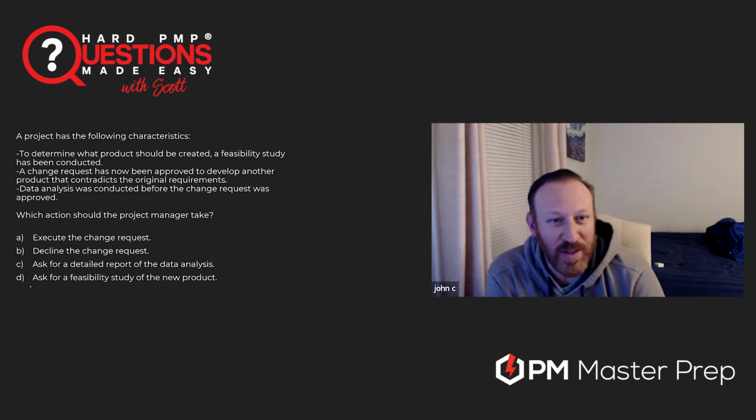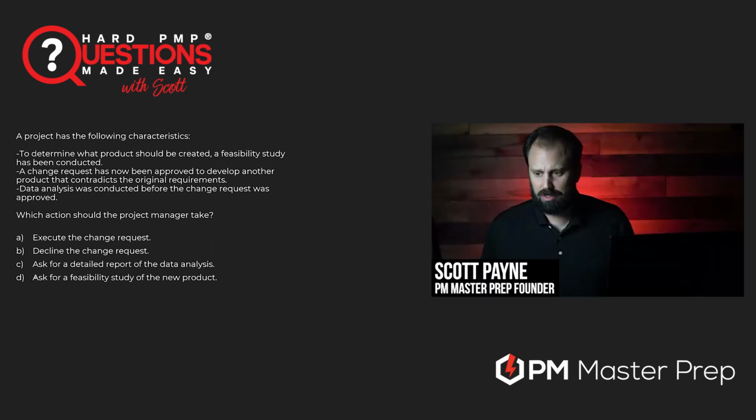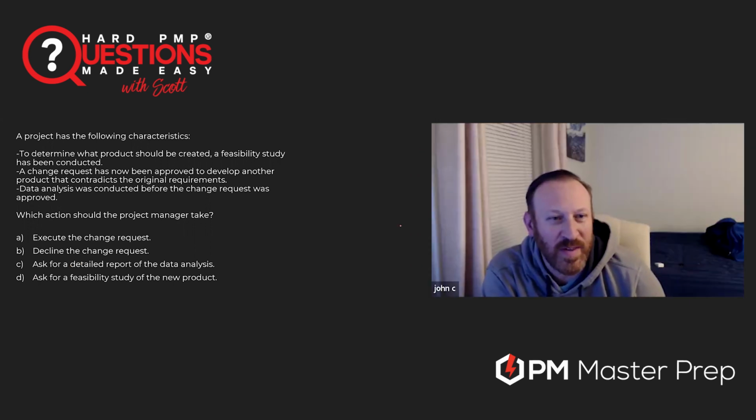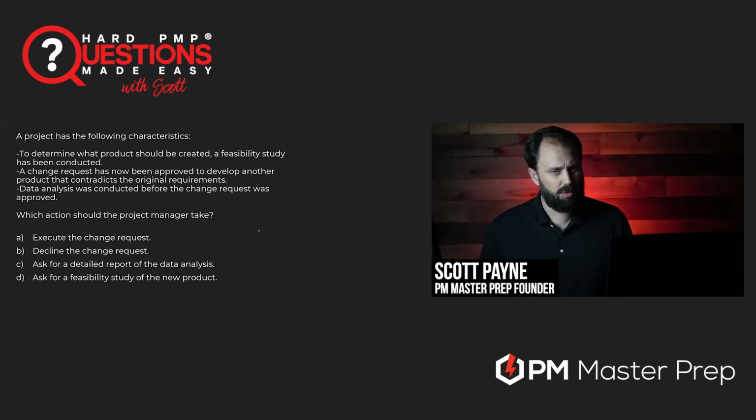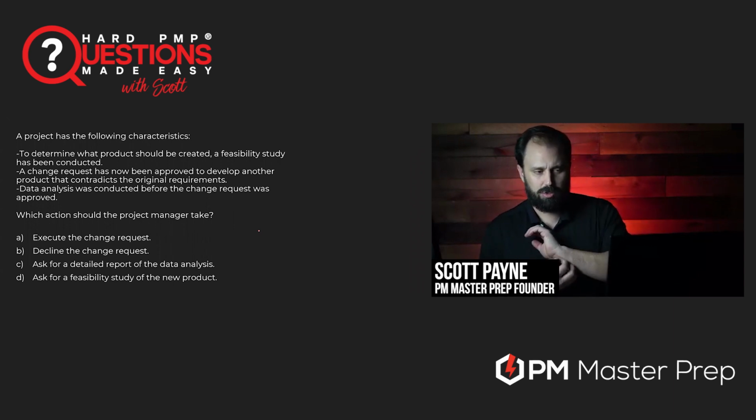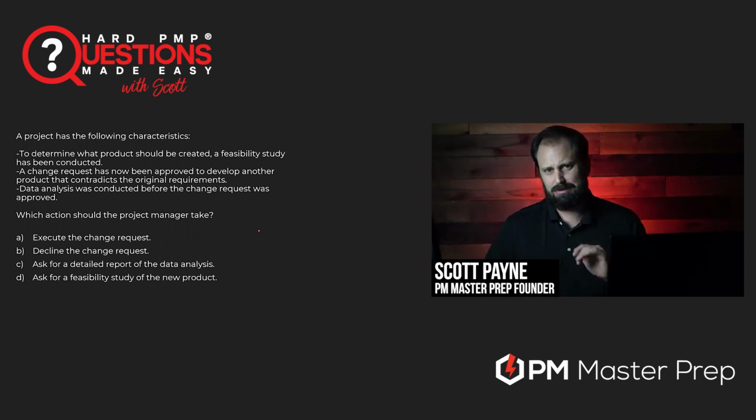Let's go to A. Execute the change request. What do you think? I don't know if I would do that. That's reasonable, so you have a little apprehension to execute it. What's making you think maybe not?